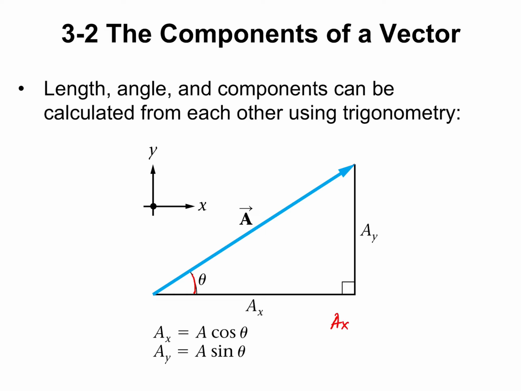Ax is the adjacent side of this right triangle, and this is the hypotenuse. We use A to describe the magnitude of that vector. This is the magnitude of vector A, so I don't put any arrow on top of it. This tells you the magnitude.